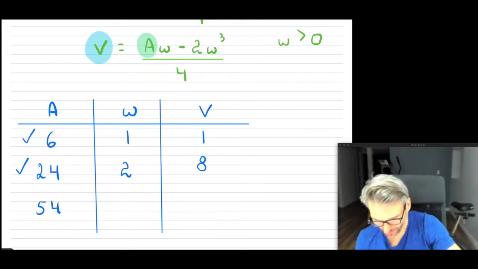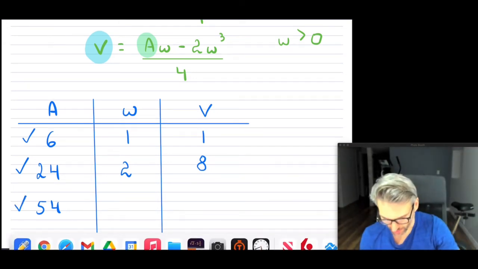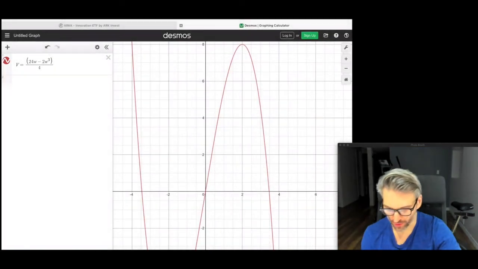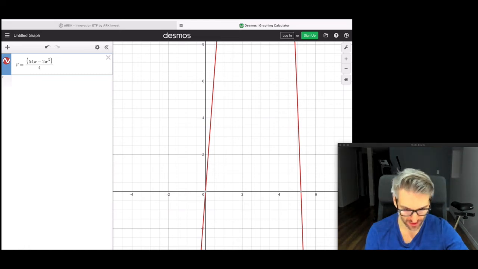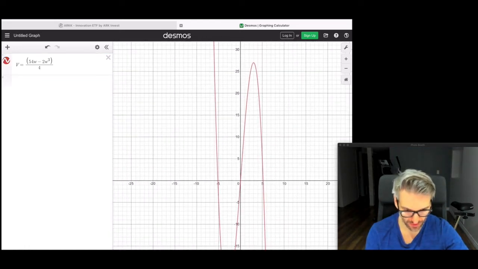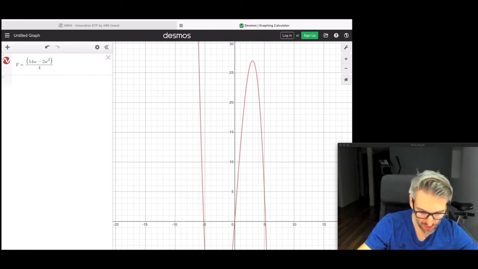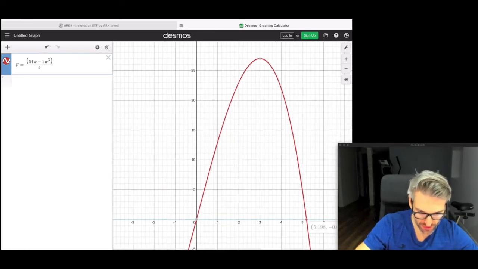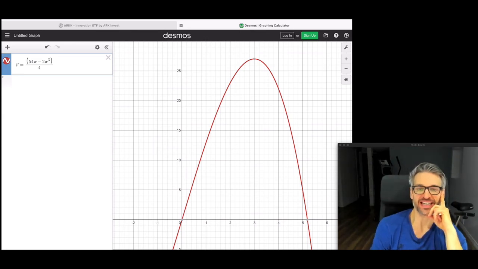Now let's do one more. Okay, I'm going to substitute 54. So if I put in 54 instead of 24, it's going to get even bigger, so bigger volume, because we'll have a bigger surface area. So now all of a sudden, notice I'm going to stretch this out. So take a look at here.